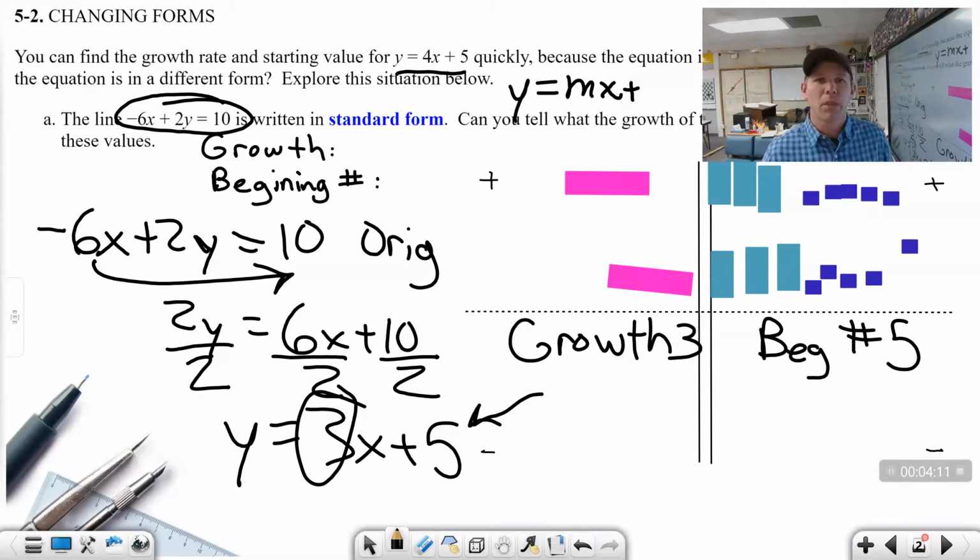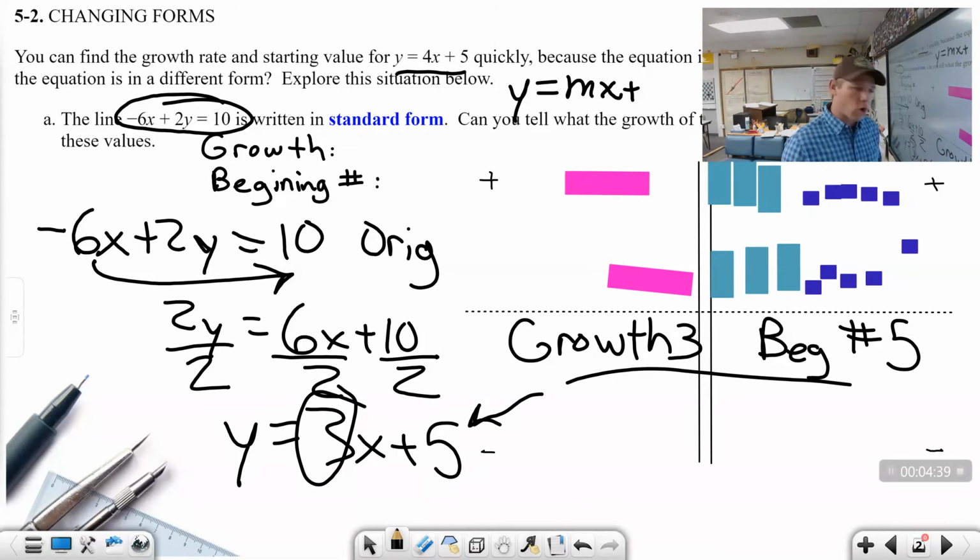Let's write a sentence on those lines underneath this. When we have an equation in standard form, comma, we need to rearrange it so that it is in y equals mx plus b form.